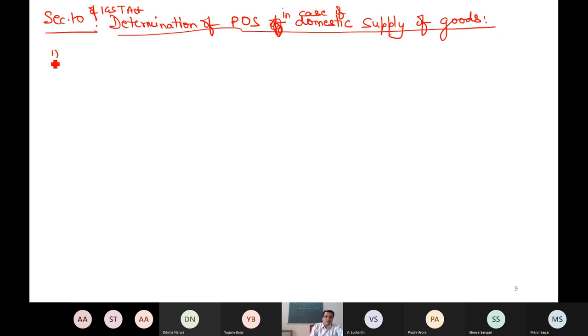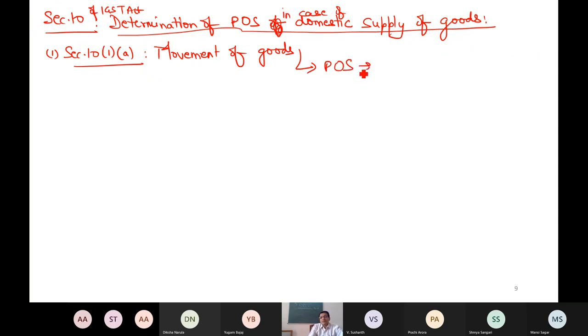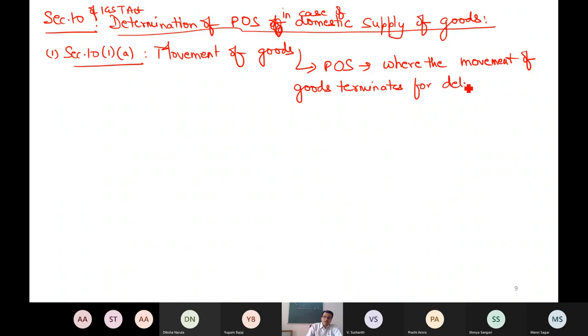I am discussing the first point, Section 10, subsection 1, clause A. When the goods require movement, where it is necessary that movement is involved, in this case what is the place of supply? It is the place where the movement of goods terminates for delivery to the recipient.